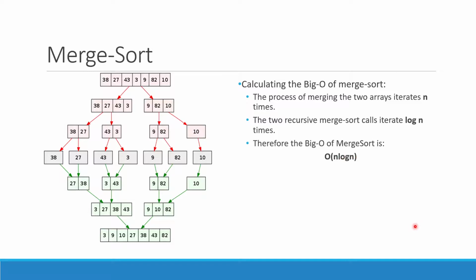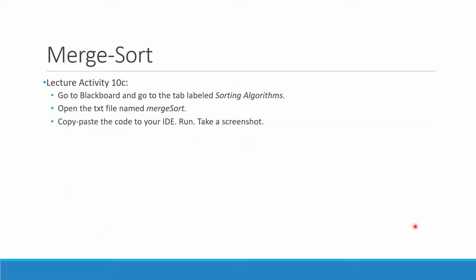Now, merge sort is, like I said before, arguably the most powerful sorting algorithm there is. So we can demonstrate it in the last part of the lecture activity, which is lecture activity 10C. Go to Blackboard, go to the tab labeled sorting algorithms, open the text file named merge sort, copy paste the code to your IDE, run and take a screenshot. Okay?